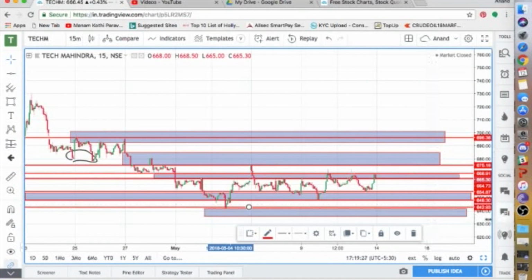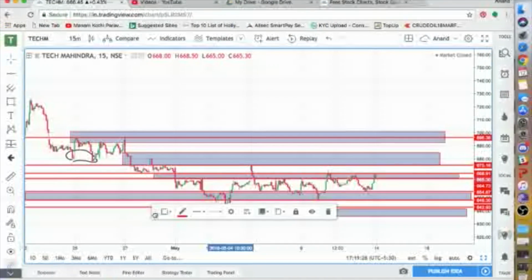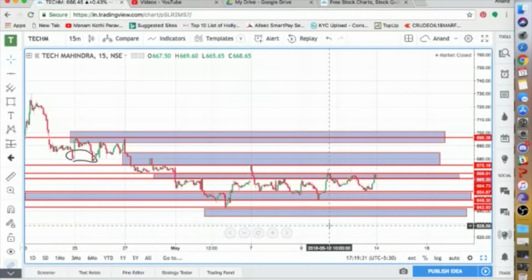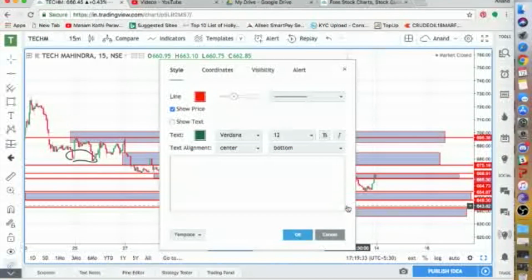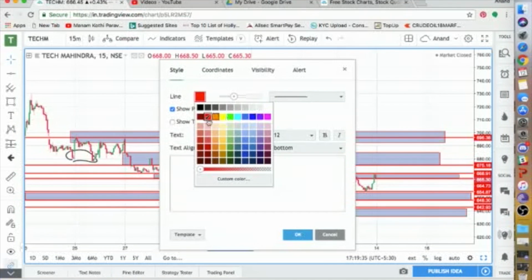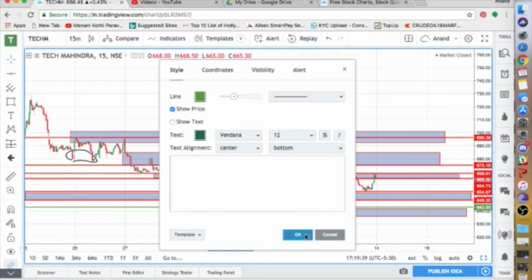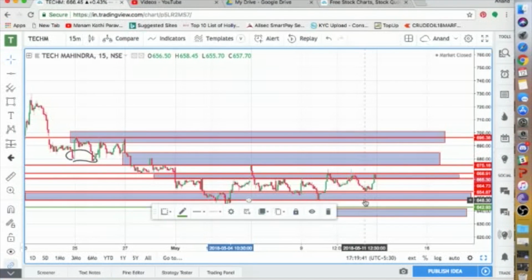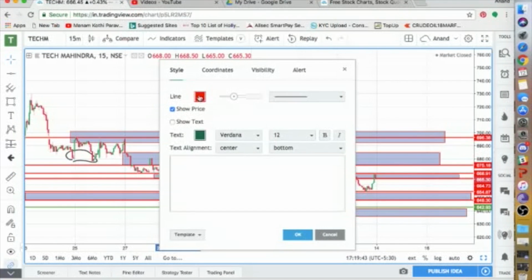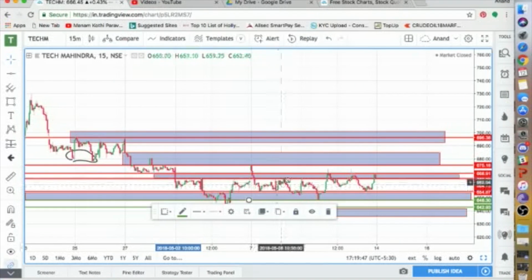Now that we have drawn quite a few zones, let's change our support zones to green, where we are expecting support, and the ones where we are expecting rejection.